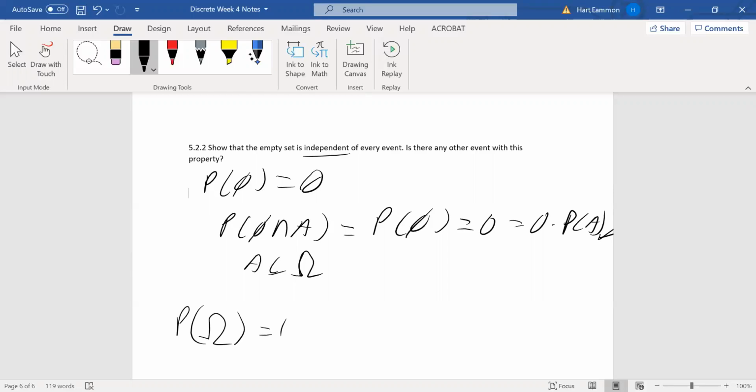So if I have the probability of omega intersect A, by definition, A is going to be a subset of omega. So that's just going to be equal to the probability of A, which is equal to 1 times the probability of A. Therefore, it satisfies our definition of independence.